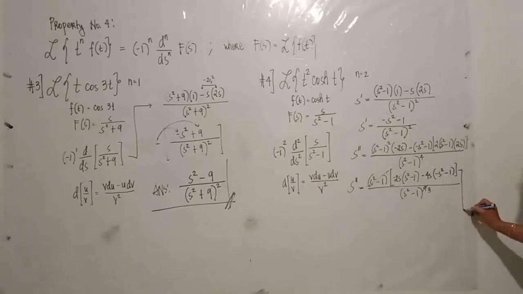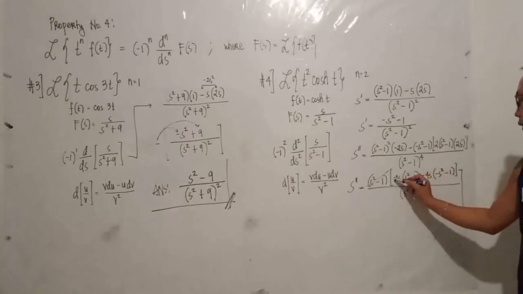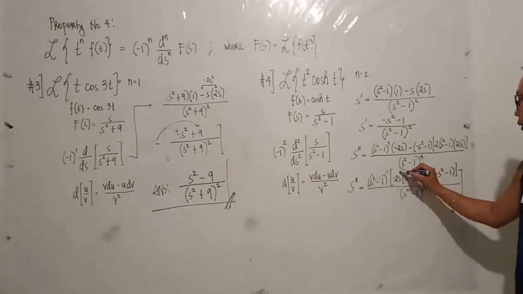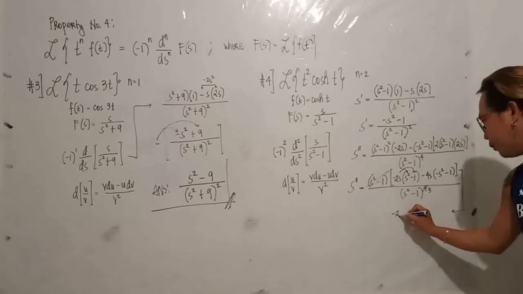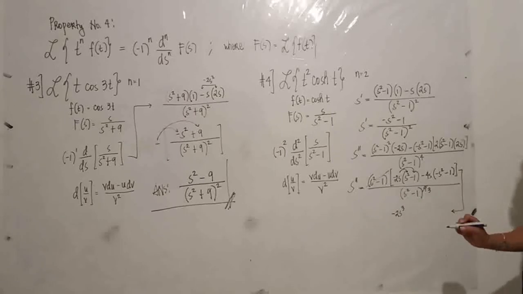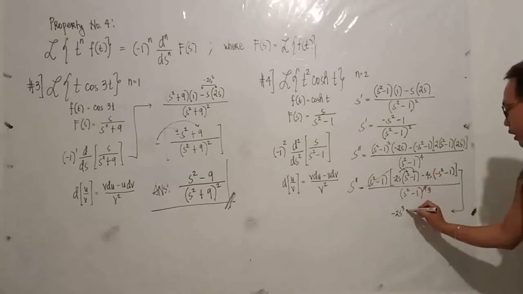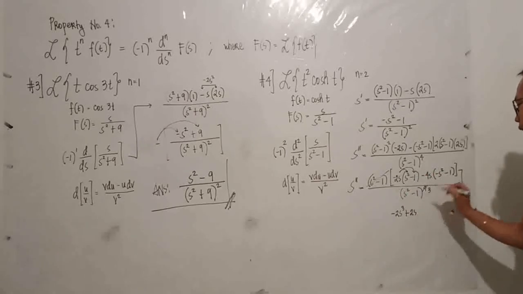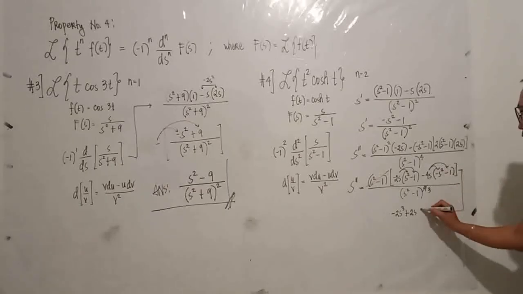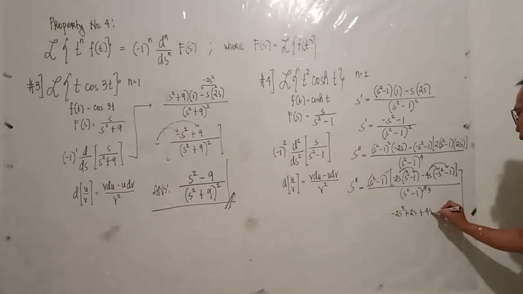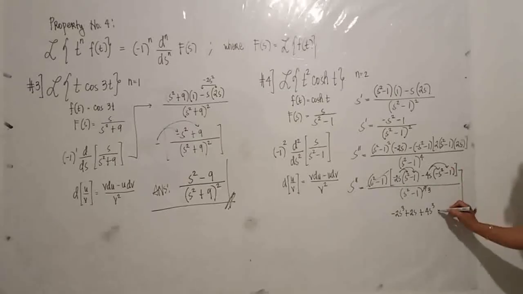Now, simplifying your numerator, you will now have distribute, that is negative 2s cubed. Then positive 2s, distribute this also, you will have plus 4s cubed, then this will be plus 4s.